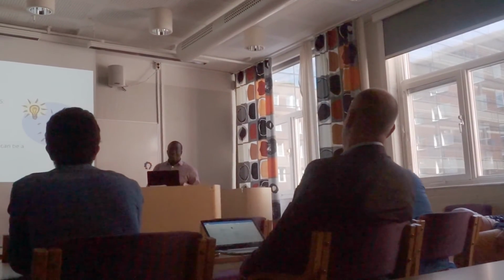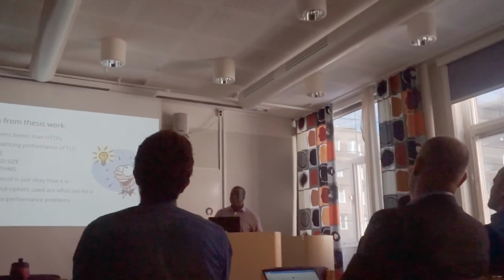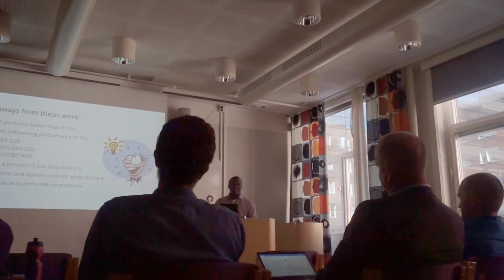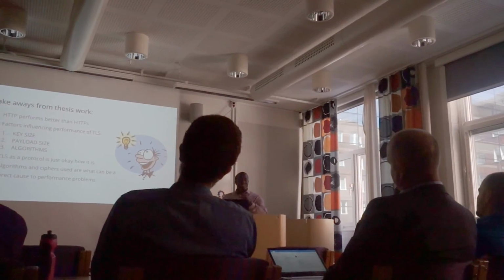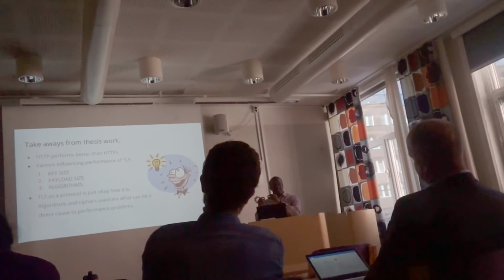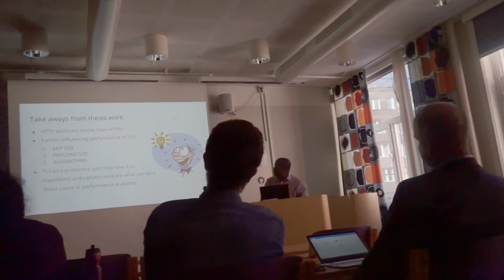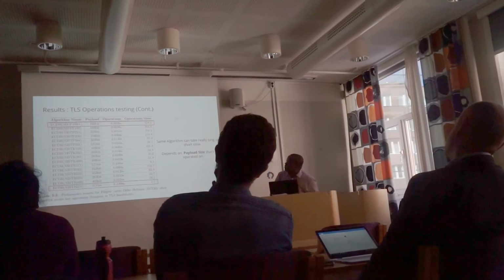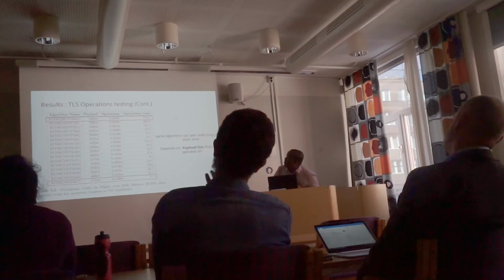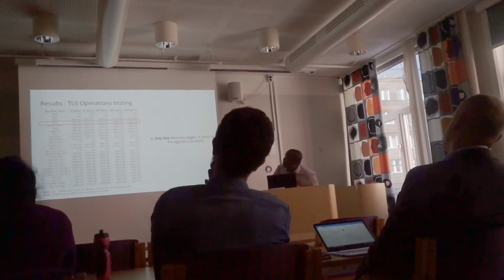So in the report I had some much more description on this test, and if you look at them, you can start seeing the kind of algorithms that basically take longer, the key size, for example. This one is the key size.